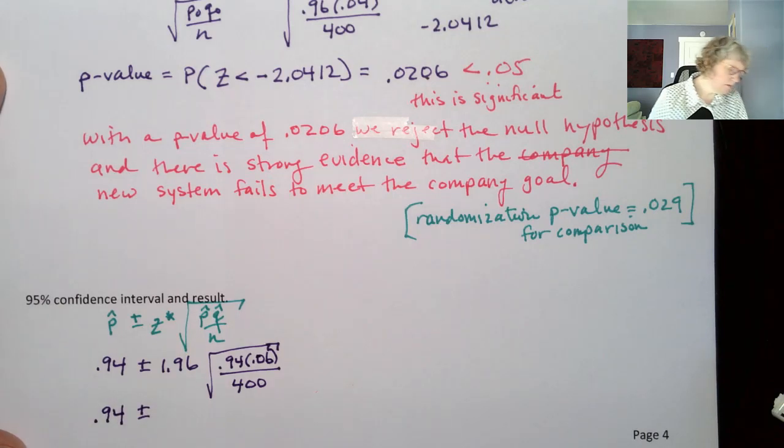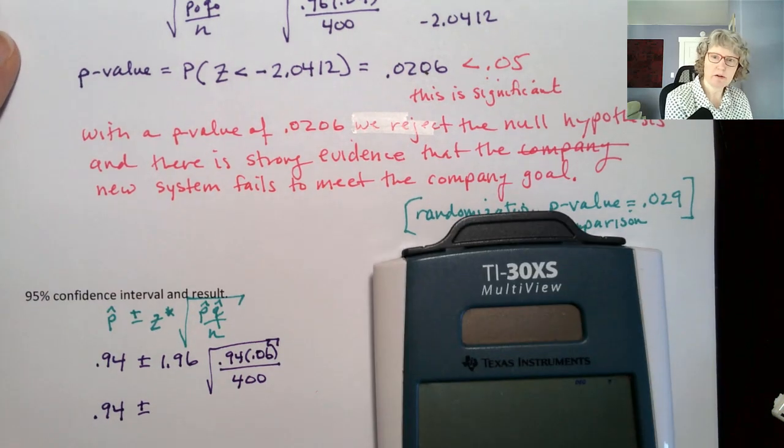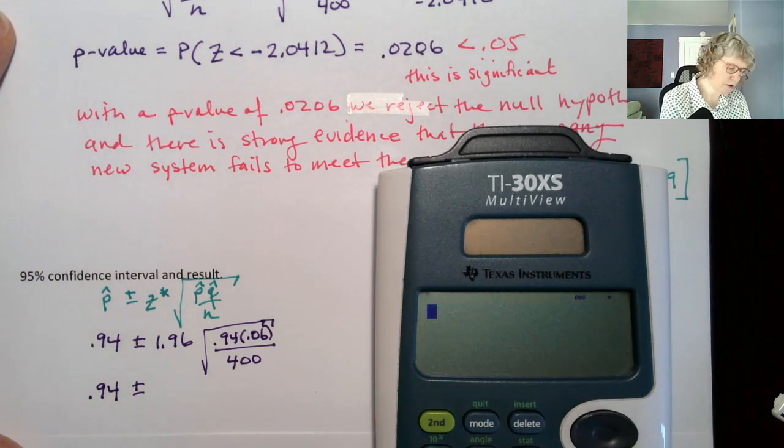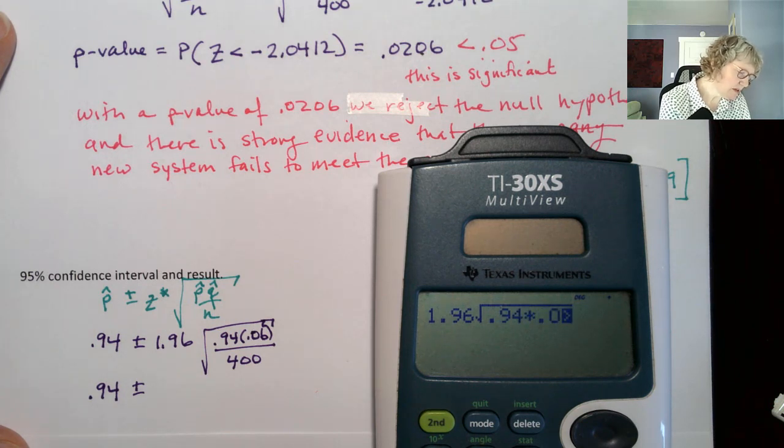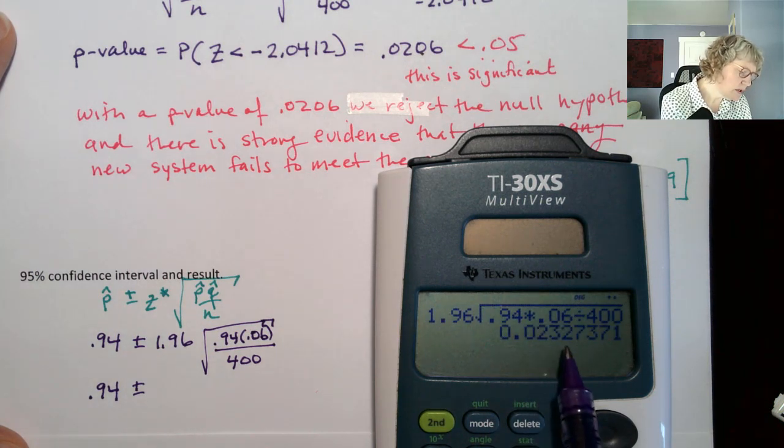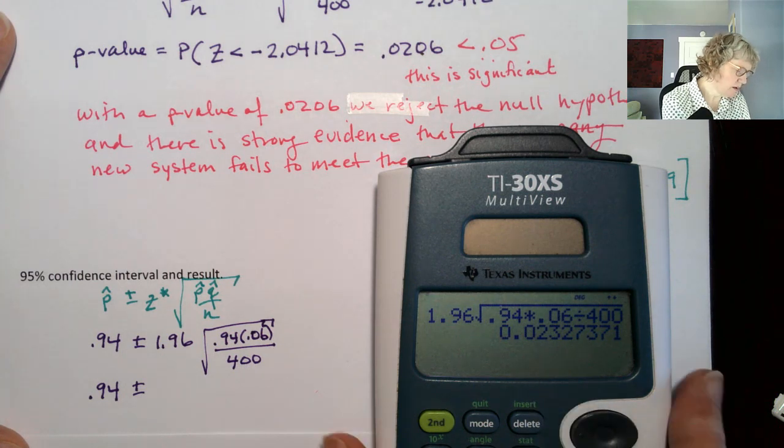So this will be 0.94 plus or minus, and we need to calculate our margin of error here. I'm going to do the whole margin of error, 1.96 standard errors. So 1.96 times the square root of 0.94 times 0.06 divided by 400. And that is 0.0232, and there's a 7, so 0.0233.